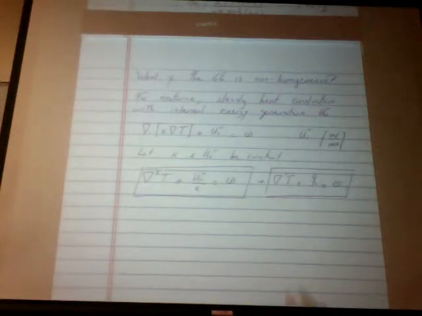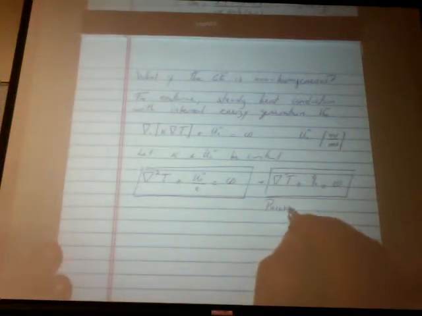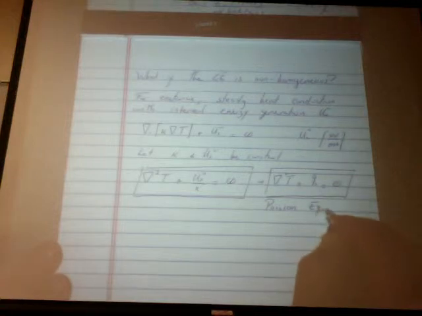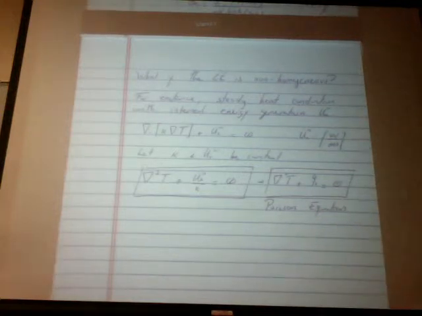And this is known as the Poisson equation. No longer Laplace equation, now it's a Poisson equation. It's basically a non-homogeneous Laplace.